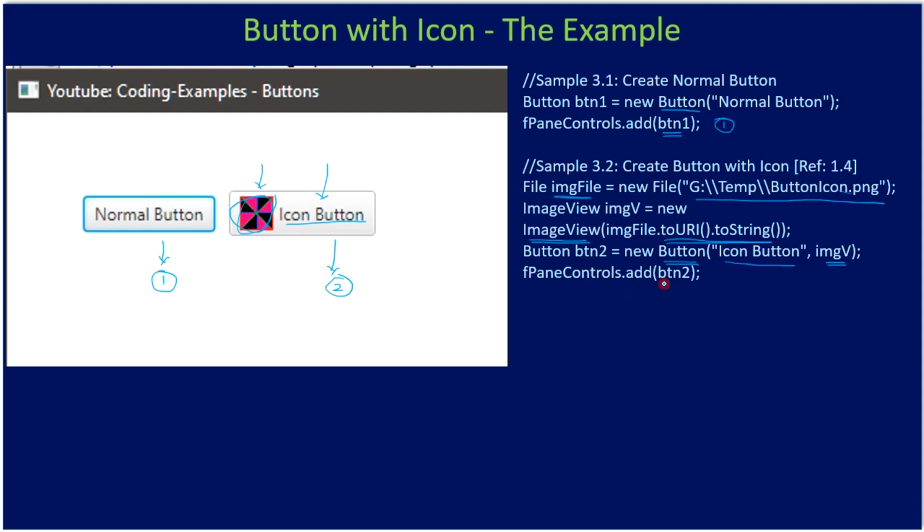So here we are adding our second button. So these are all nodes, right? First UI node, second UI node. So we are adding our UI nodes to the flow pane. So now the flow pane contains two controls, control 1, control 2, or node 1, node 2, as we can say in FX terms, and these will be drawn in the UI when the controls are rendered.